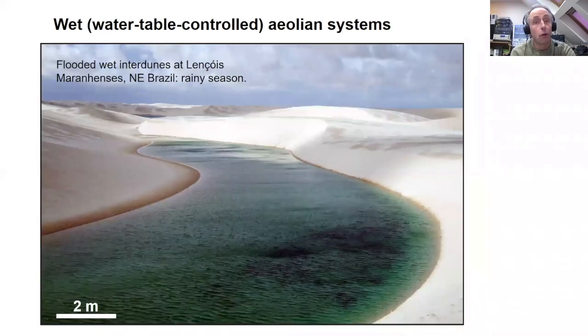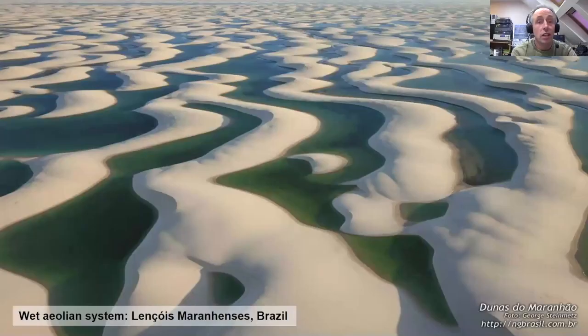The water table rises and falls on an annual basis due to the wet season and the dry season. But over longer timescales, that water table is permanently rather high. During the dry season, these dunes will migrate a little way, maybe a few meters. And during the wet season, they'll become dormant again as the water table rises. Over time, as that process continues, we can generate potentially sets of cross-bedding through that mechanism.